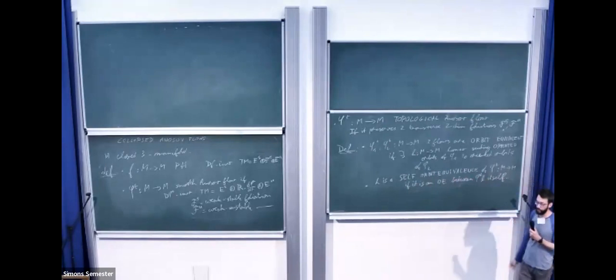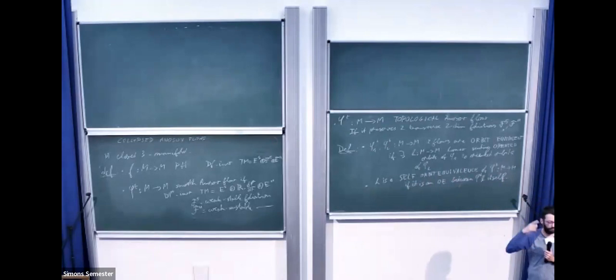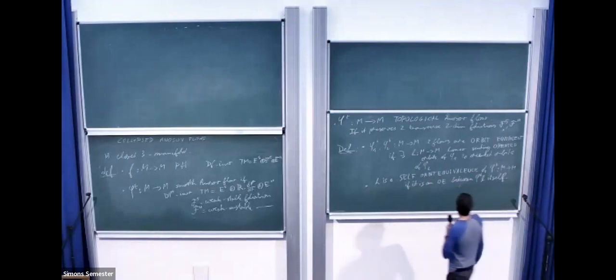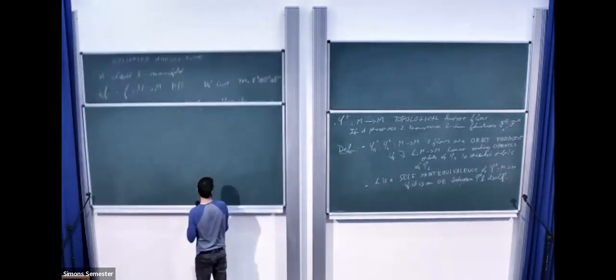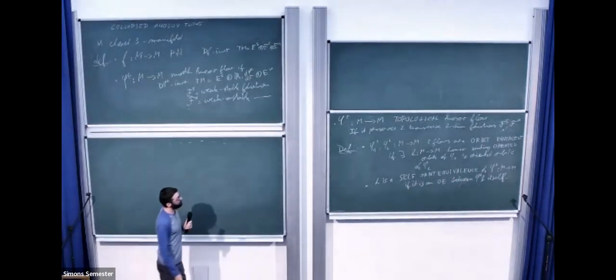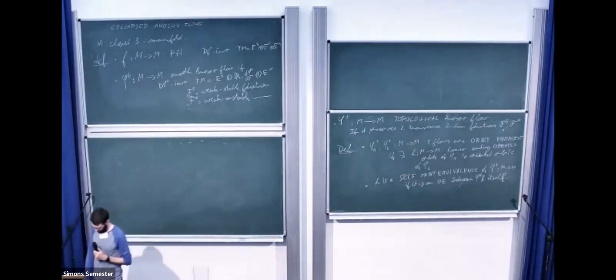So those self-orbit equivalences are the symmetries of the foliation by orbits. Why do I introduce all that? Now that we have that, we can actually start the course.